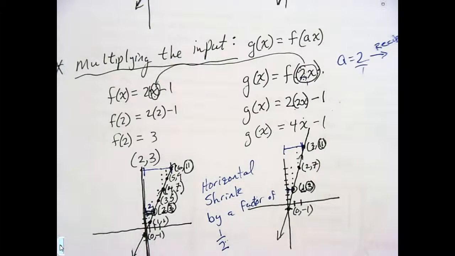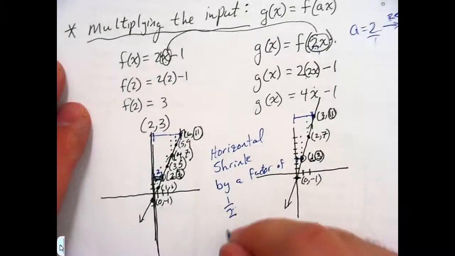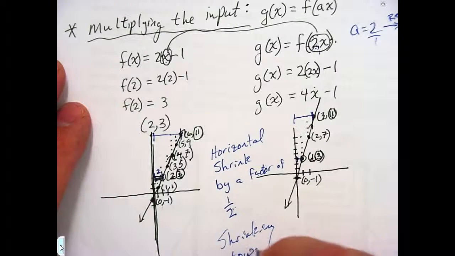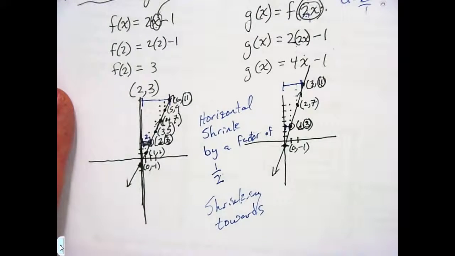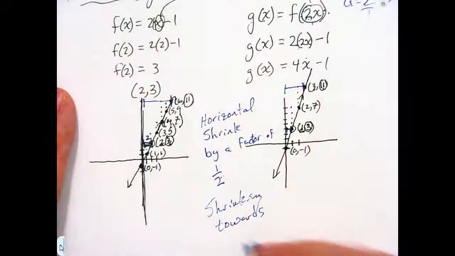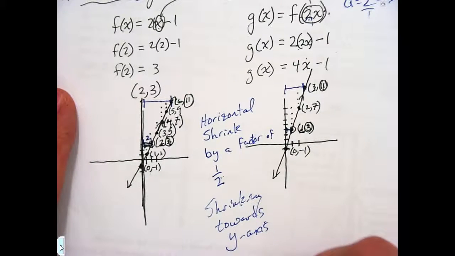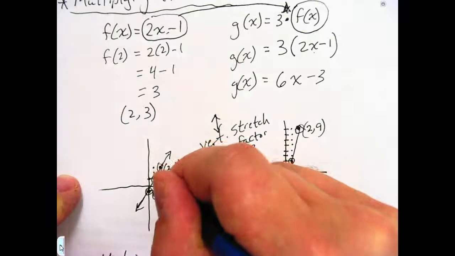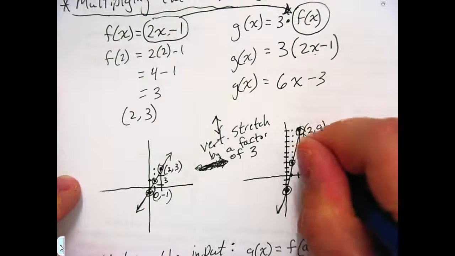Okay, so horizontal shrink by a factor of 1/2. You are shrinking toward which axis? Which axis did we move towards, the X or Y? Towards the Y. Whereas up here, when we did a vertical stretch, this length was 3. This length is?